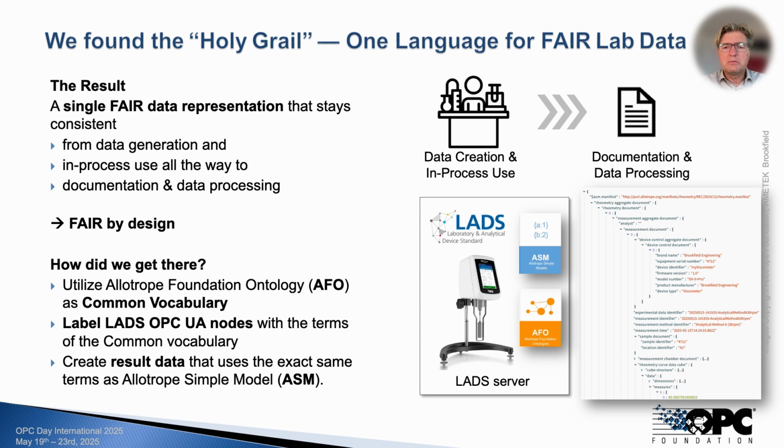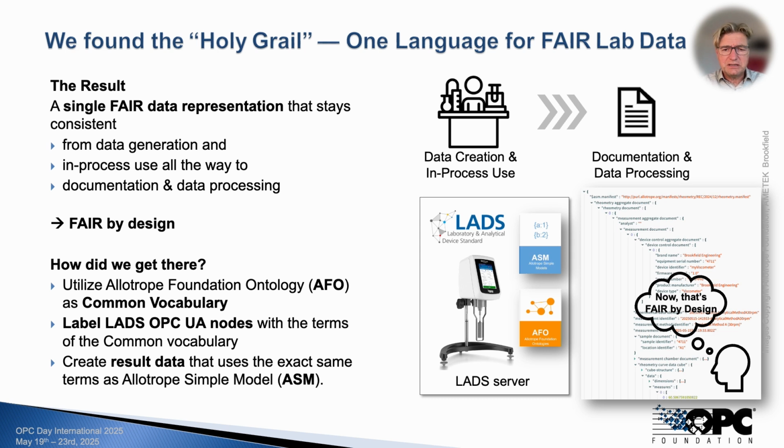This is no longer about stitching things together afterward. It's FAIR by design. And how did we get there? We started by using the Allotrope Foundation ontologies as our shared vocabulary. We labeled the nodes in the Let's OPC UA server with these terms. And the result data, stored as ASM, uses the exact same terms, the same language to describe what happened.